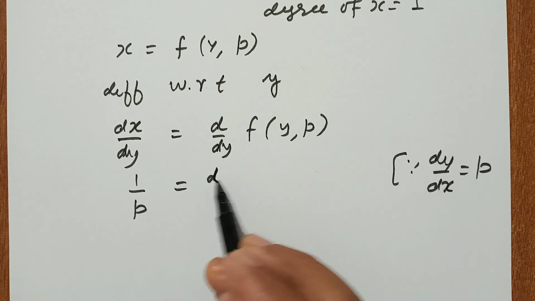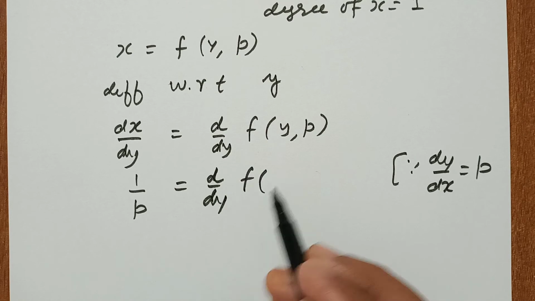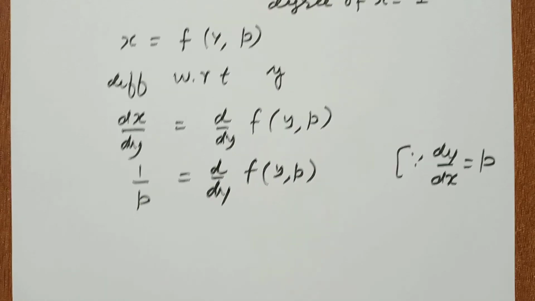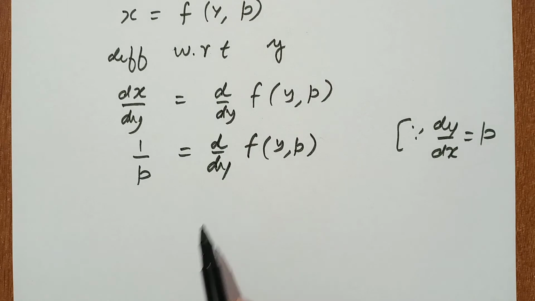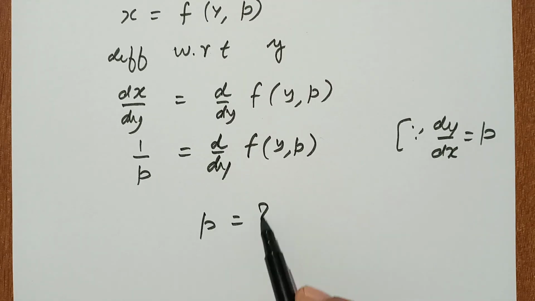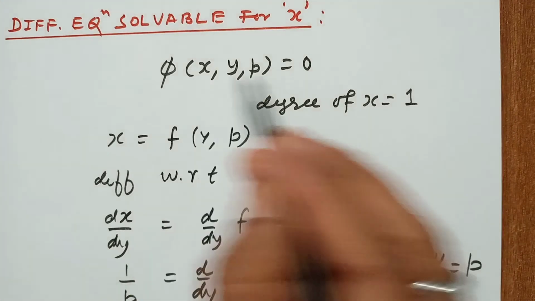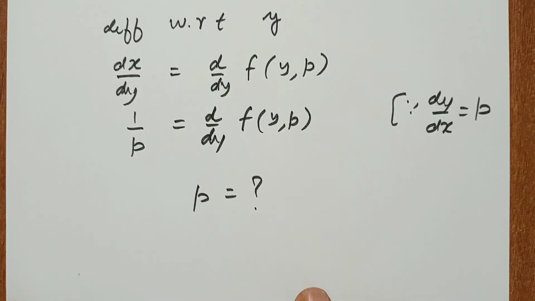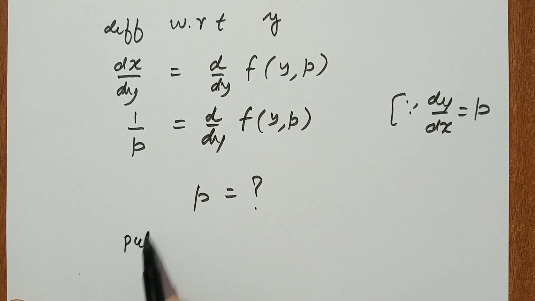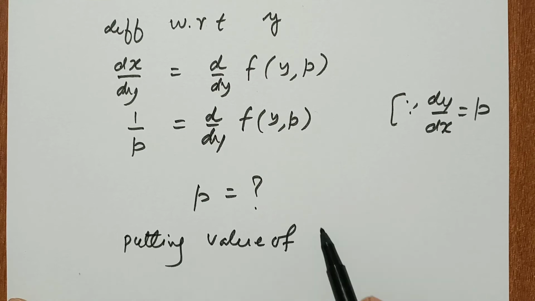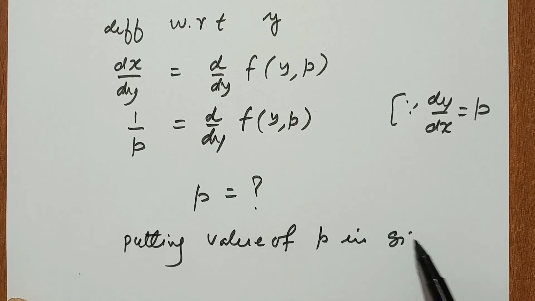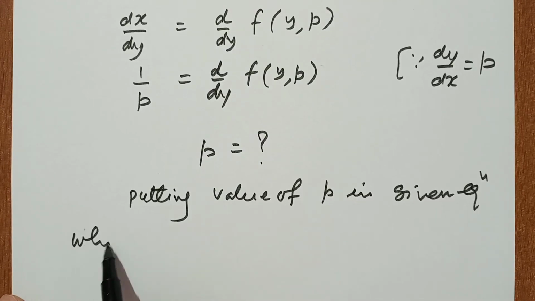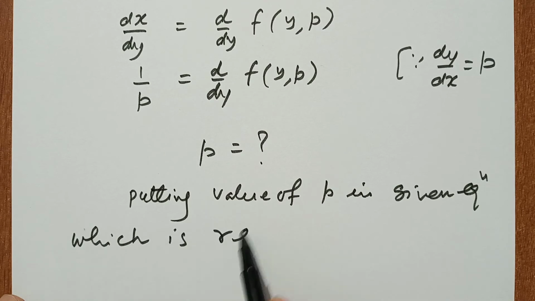So this is d dy of f(y, p). Our aim is to calculate the value of p by solving, and then putting this value of p in the given equation, which is the required solution.